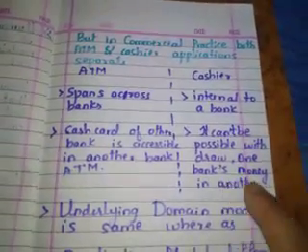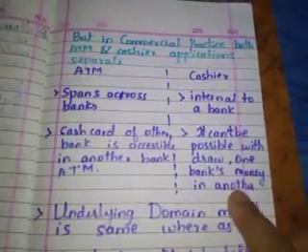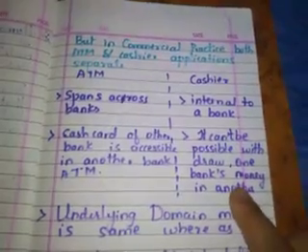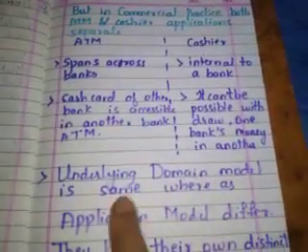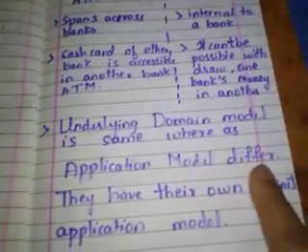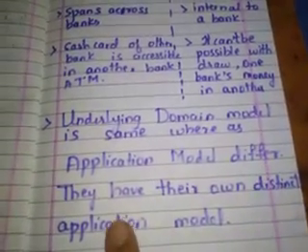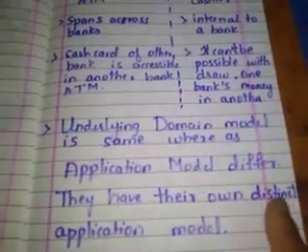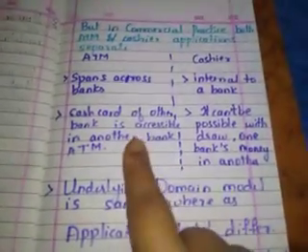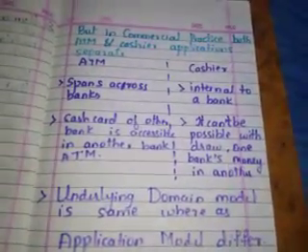That is, you cannot withdraw from an HDFC Bank account at an SBI bank, right? So the underlying domain is the same, whereas the application model differs. They have their own distinct application models. The ATM has its own application model, and the cashier has its own application model.